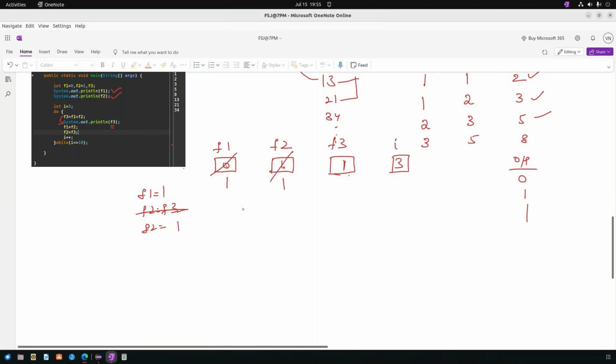Then you said I plus plus, which means I will become 4. So 4 less than or equal to 10, correct, means again it goes here. Then again F3 is equal to F1 plus F2, so this value will go here and this value will come here.